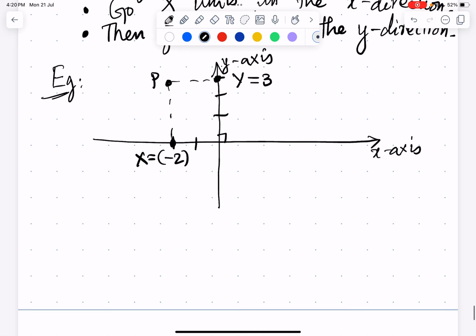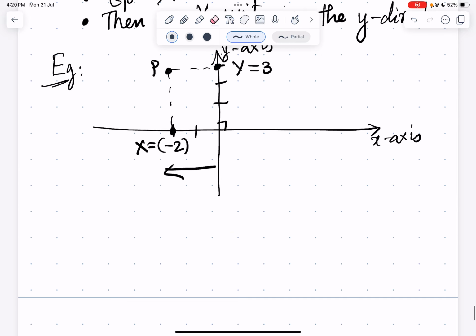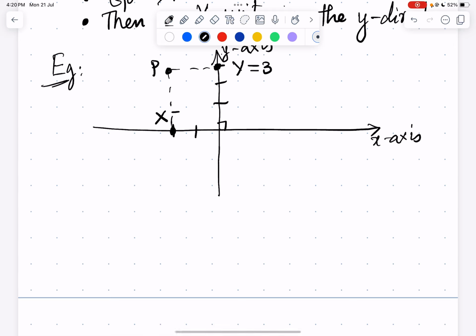Now the address of P is: begin at the origin and then move -2 units in the x direction.